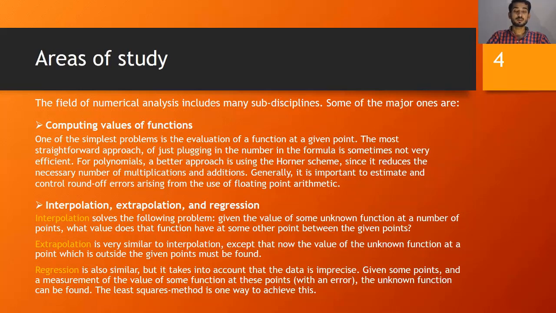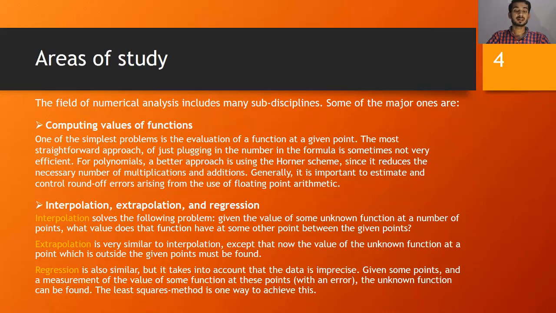For polynomials, a better approach is using the Horner scheme, since it reduces the necessary number of multiplications and additions. Generally, it is important to estimate and control round-off errors arising from the use of floating point arithmetic.